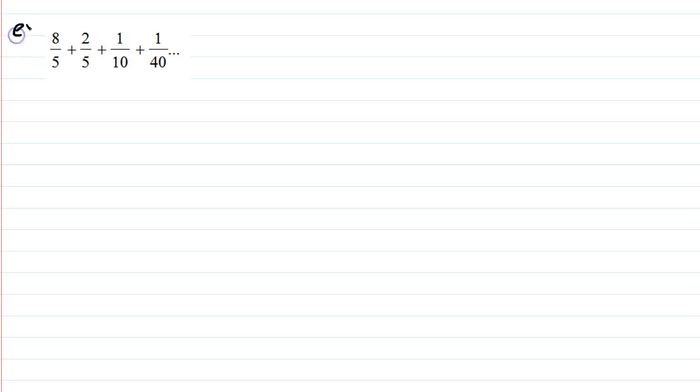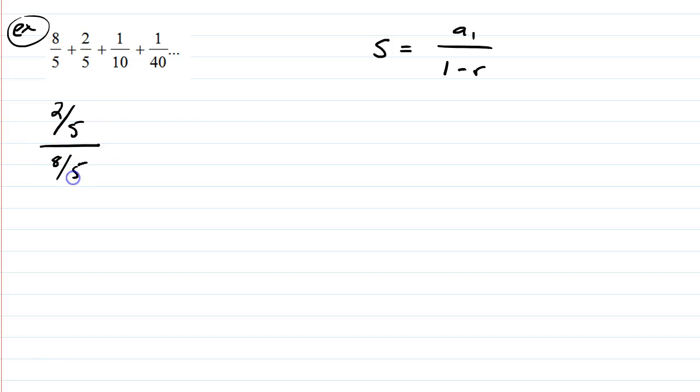All right, here's an extra example, like the last one we just did. So we're going to find the sum of the infinite geometric series. So here's our formula. So again, we need to find our ratio. And so on your calculator, you can just do 2/5 divided by 8/5. And another way to write this would be 2/5 divided by 8/5.